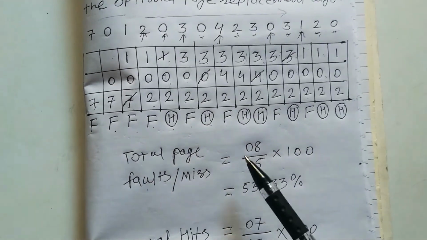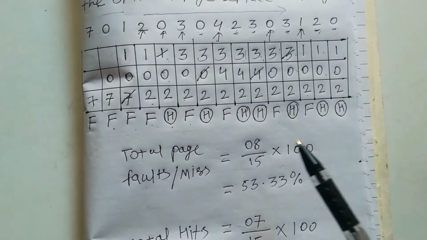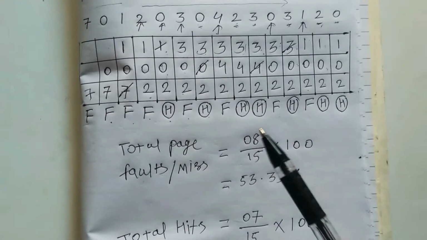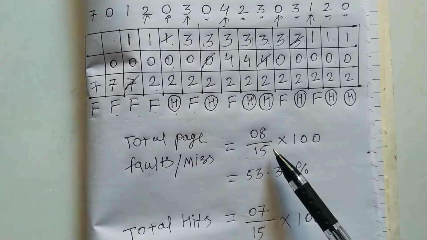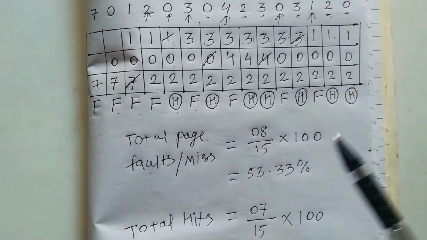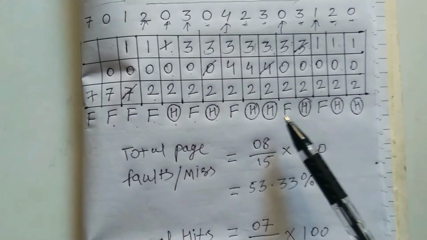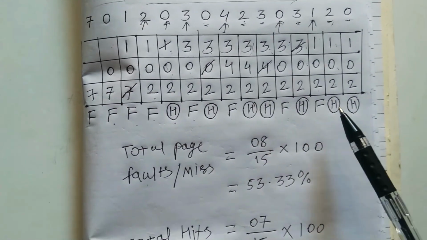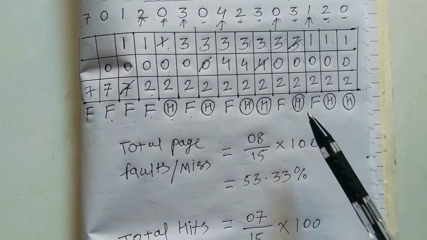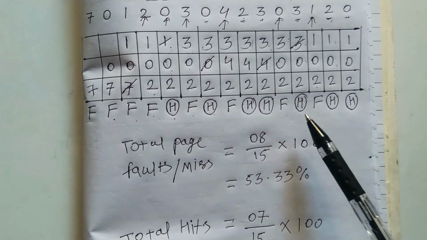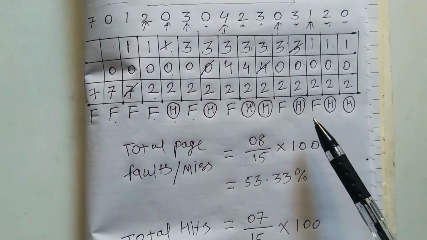If we compare the number of page faults you get in FIFO as well as LRU, it's more than the number of page faults you get in the optimal page replacement algorithm. Okay, and if we compare these three algorithms, optimal page replacement is the best algorithm.